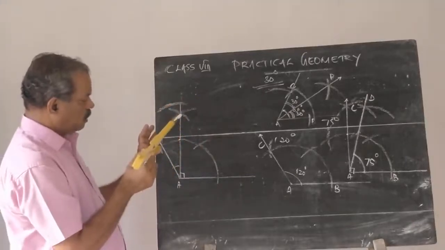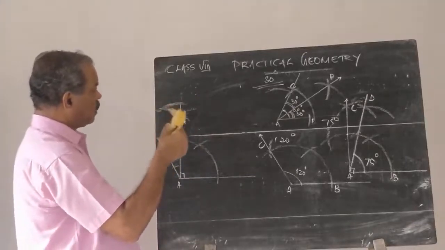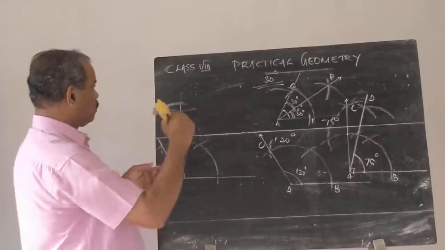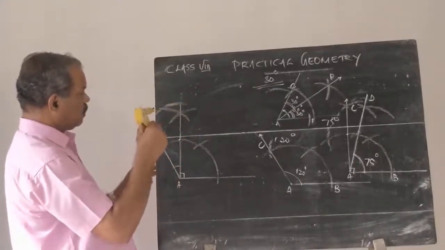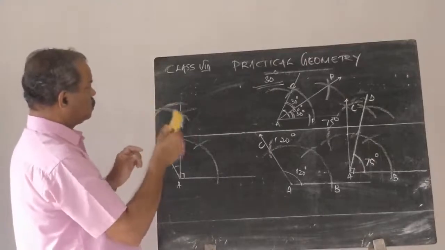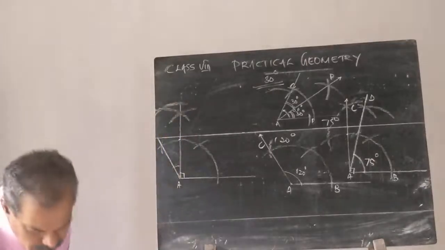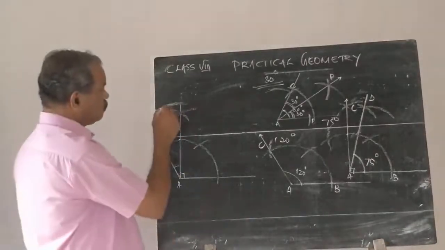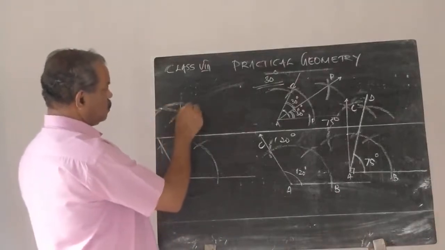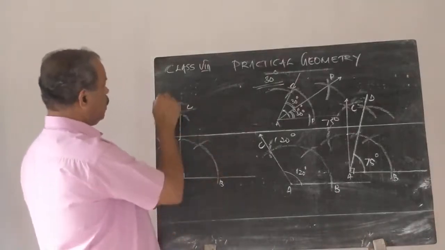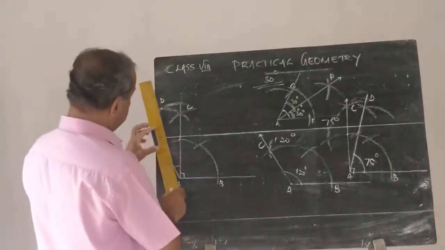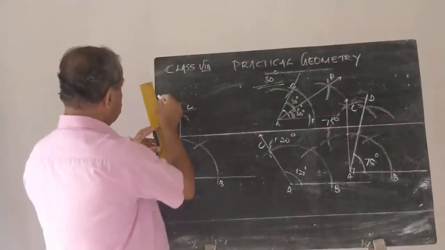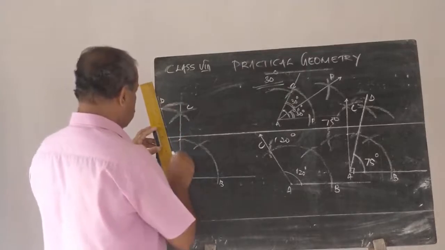With the same radius, from this point, draw the second arc. From this point, draw the first arc. With the same radius, draw the second arc. We get the point of intersection of these two arcs. This is C, D. Draw AD.